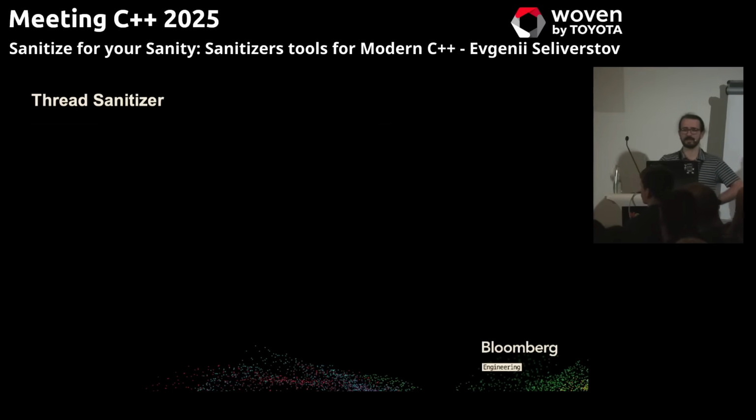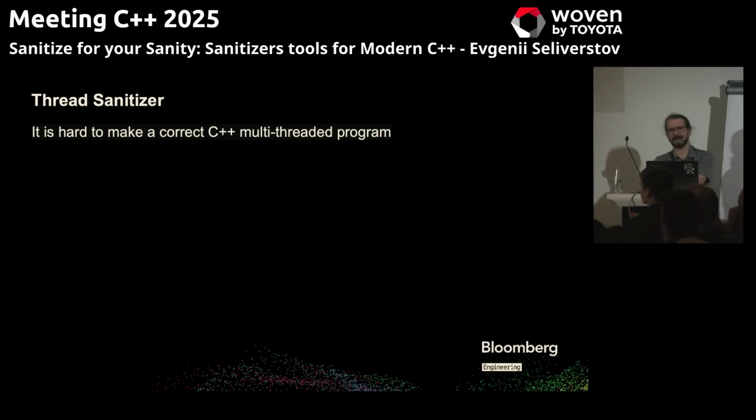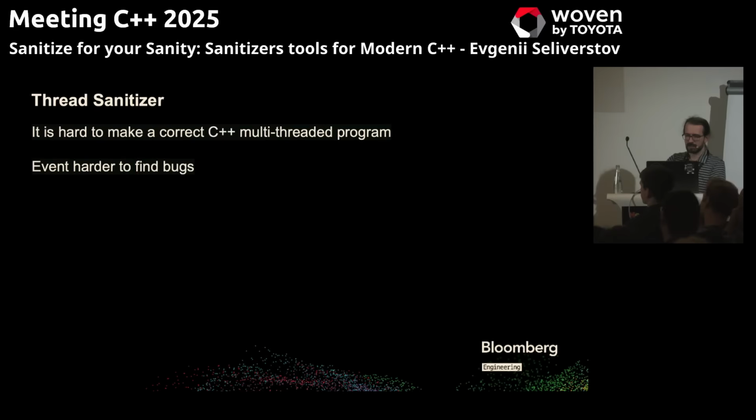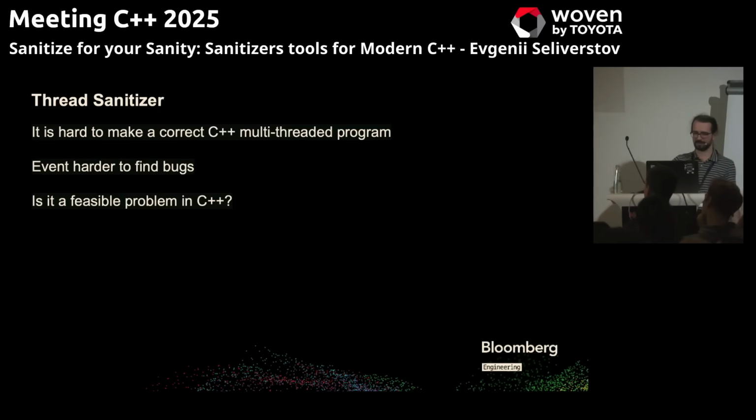And Thread Sanitizer is a different beast. It's really hard to make a C++ program behave correctly in a multi-threaded environment. Even harder to find bugs in this. And actually, it's a problem. Can we write a correct program in C++ with multiple threads?